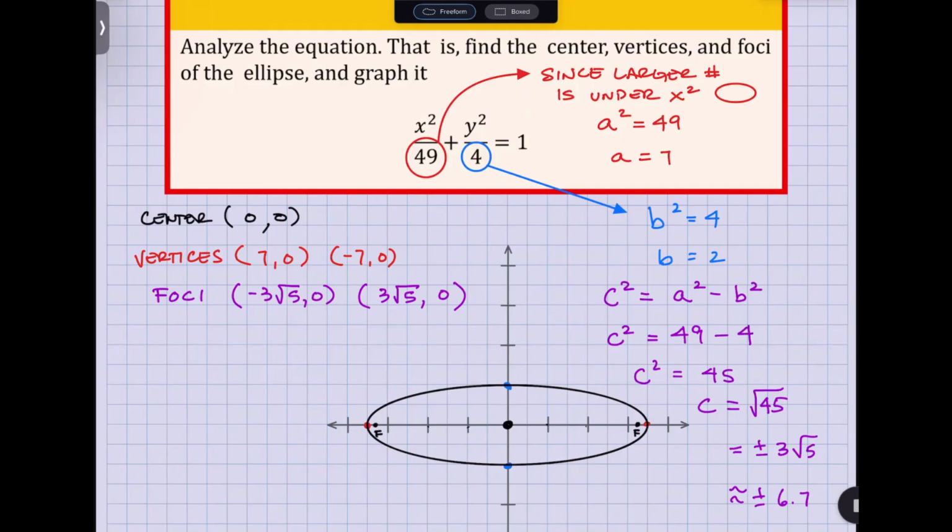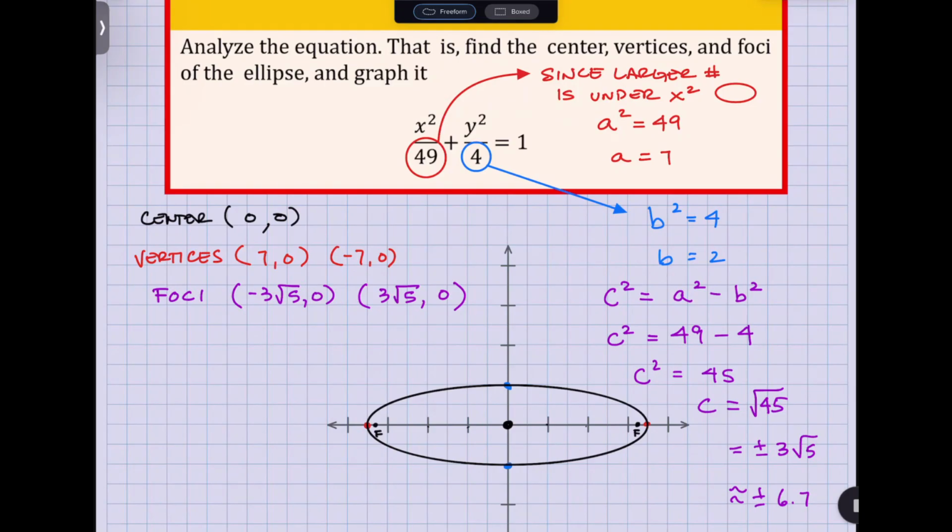Okay. So once we determine if it goes in the x direction or the y direction, the long points are going to be your vertices. So notice that the foci, the vertices, and the center are along the same line on the major. On the minor, it's going to be your B's. So your B is always going to be based on your shorter length. And it's only used to graph how thick that thing is.